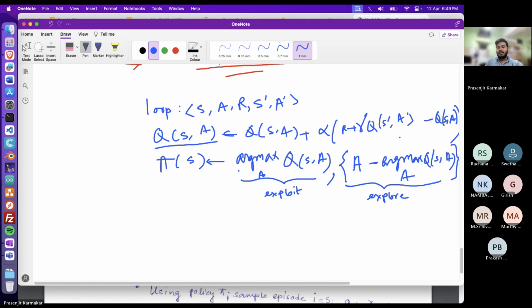Now, here comes the trick: there is a probability called epsilon with which I will take this, and with 1 minus epsilon I will take this. And I can control this epsilon probability. This is the exploration part. So I can control this probability like this.